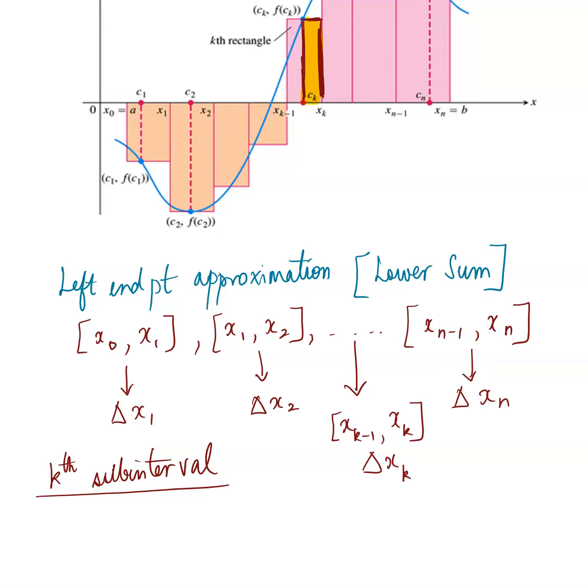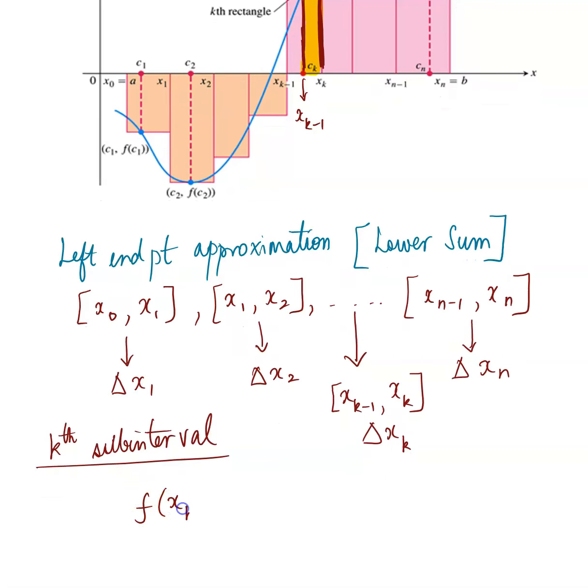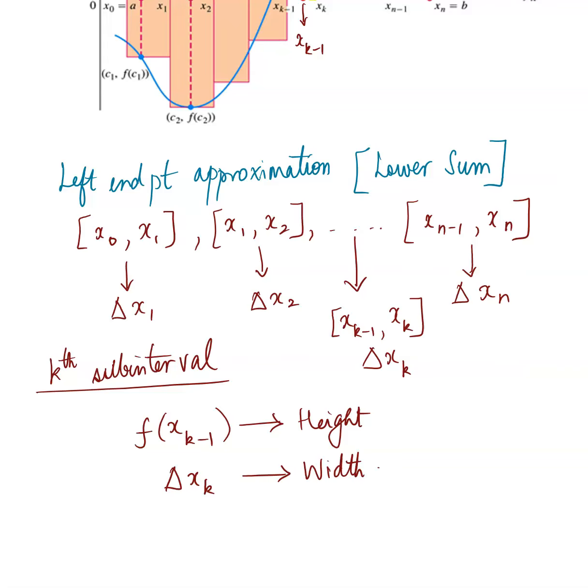Then we have the left endpoint, this would have been xk minus 1, not there, but it would have been here, right? So xk minus 1, its corresponding point would be f of xk minus 1. This would be the height, and delta xk would be the width of the rectangle. That means the area of the kth rectangle will be f of xk minus 1 times delta xk. Does that make sense?